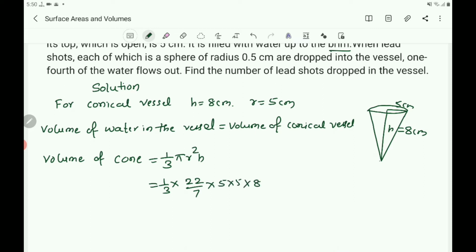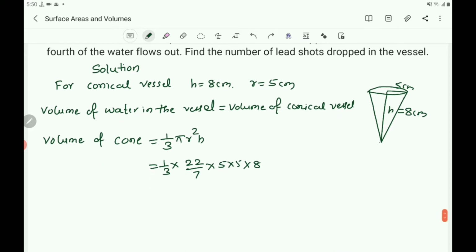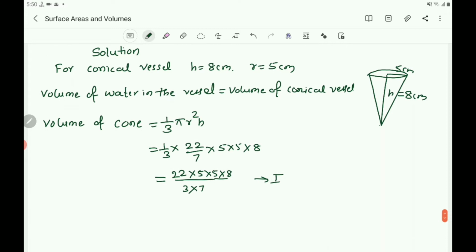H is 8 cm. So write 8. Then in the denominator it becomes 3 into 7, and you write the numerator as it is. So consider that as the first: the volume of the cone, that is the volume of the water in the vessel.